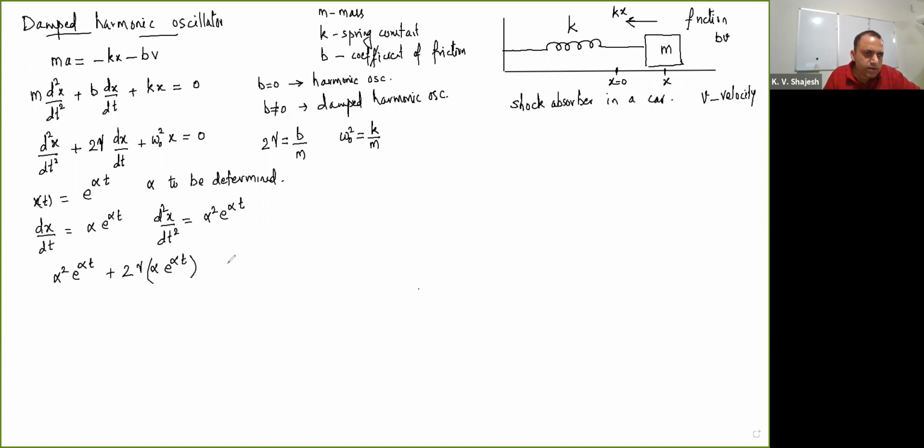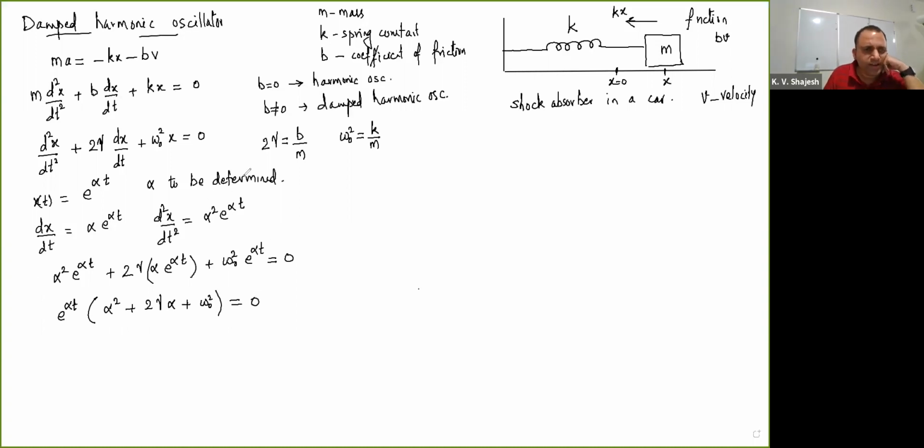That's my dx by dt, plus the characteristic frequency omega naught squared times e raised to alpha t. And this whole combination has to be equal to 0 because the differential equation has to be satisfied. One immediately sees that exponential of alpha t comes out, and we have the equation alpha squared plus 2 times gamma times alpha plus omega naught squared is equal to 0.